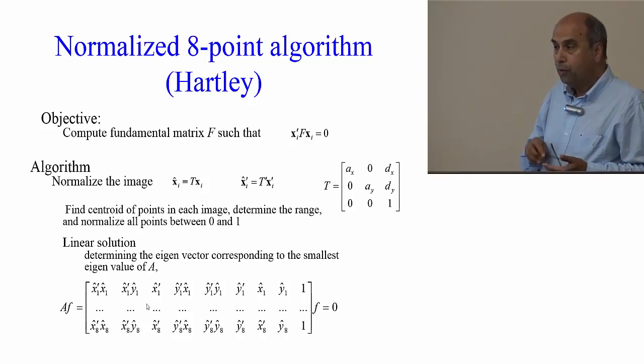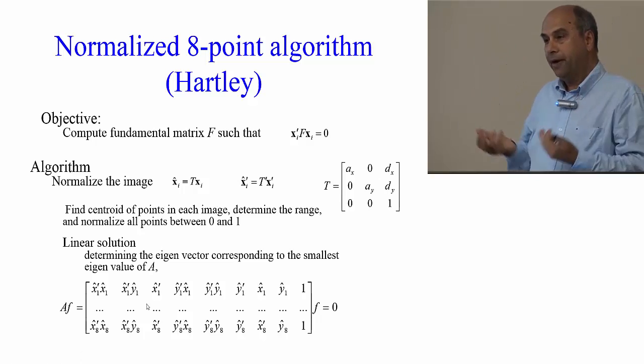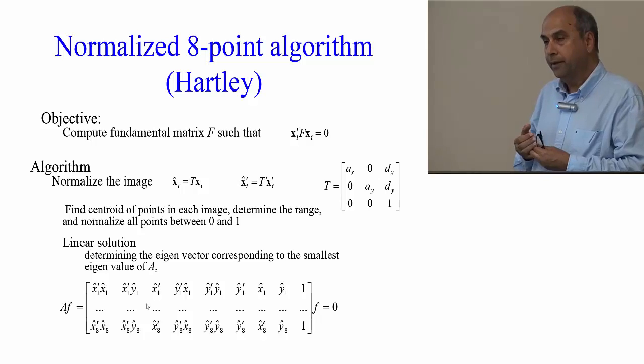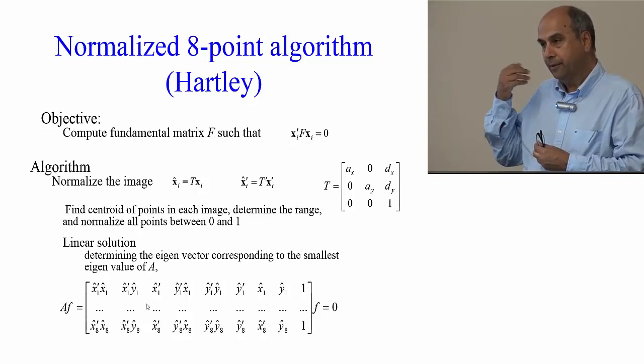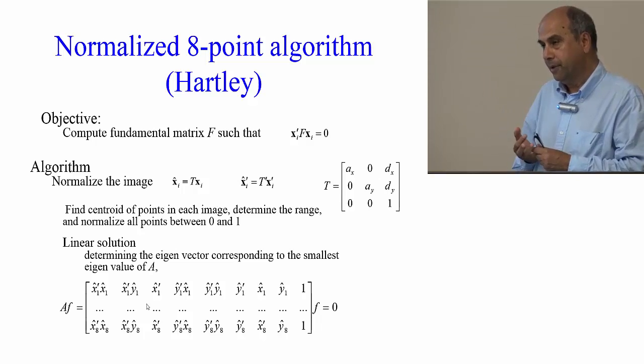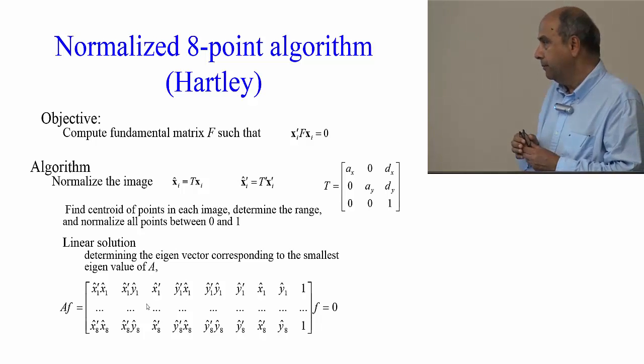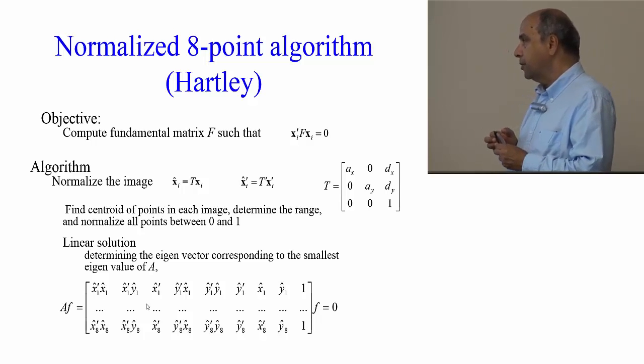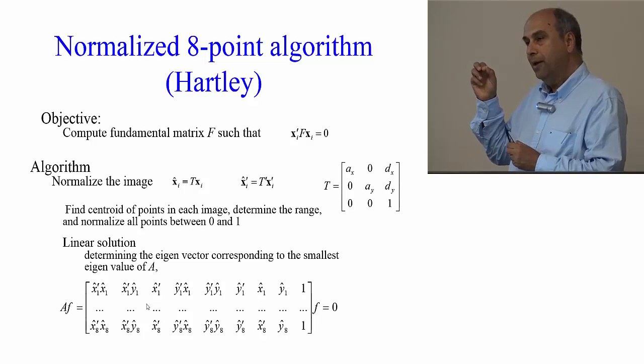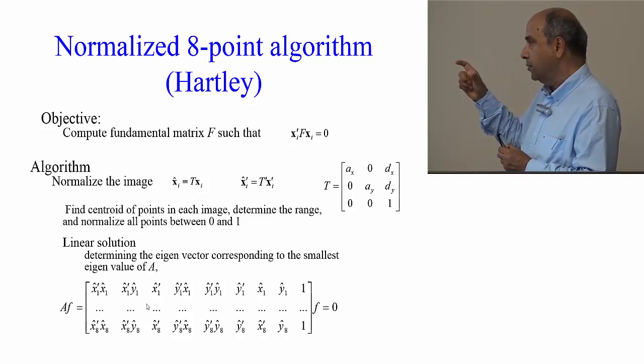So you already know that given a matrix you can find eigenvalues. We did this in Harris and there was a homework problem and so on. There that was 2 by 2, but here is a bigger matrix, but that's fine. We can find the eigenvectors of this, and we will look at the eigenvector which corresponds to the smallest eigenvalue, and that actually will be the solution for the linear system.